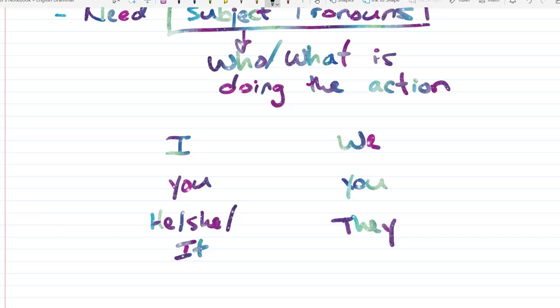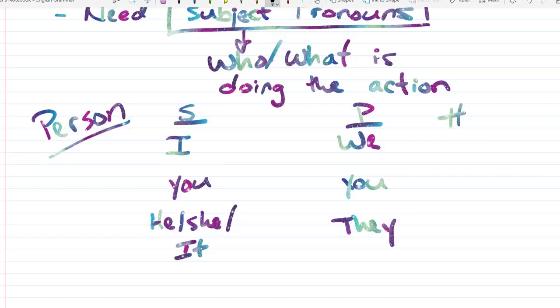The biggest thing that we're going to talk about right now is the idea of person, and even in this first chapter, also number. We're going to have a singular chart and a plural chart. So number there is the idea of either singular or plural. Okay, so we have number, and then we have person. And person, we can either have first person, second person, or third person. And this is just in relation to whoever is speaking.